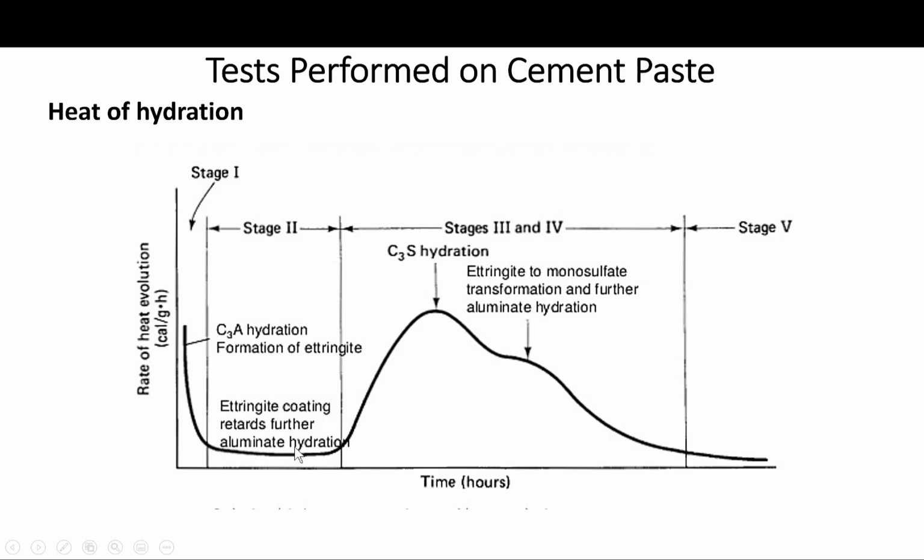Dormant period we refer to here, which allows for transporting and handling of the concrete. This is stage 3, the acceleration stage, and deceleration stage. This is the hydration of C3S. The strength gains start here. This is the steady state stage. We will go over it in detail, don't worry.